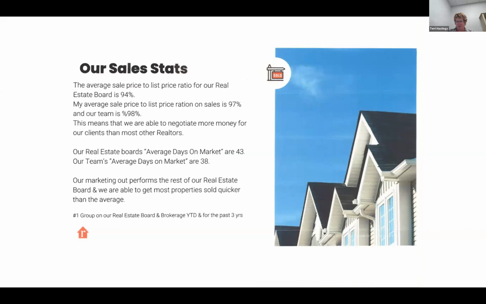What that means is, if you list your house for $1 million, buyers are currently negotiating to a sale price of $940,000. It's important to not just use real estate lingo, but to explain it, because they might not understand it.